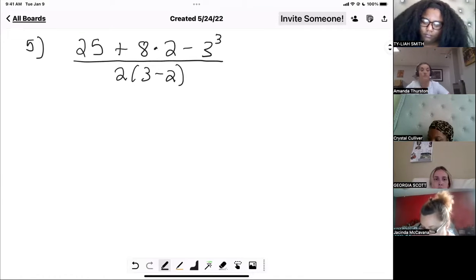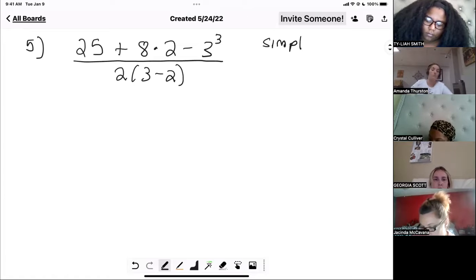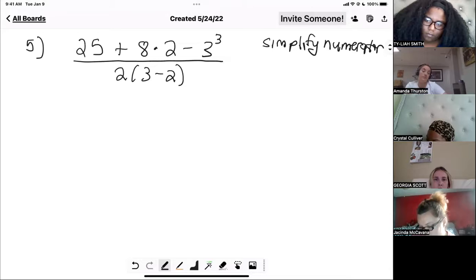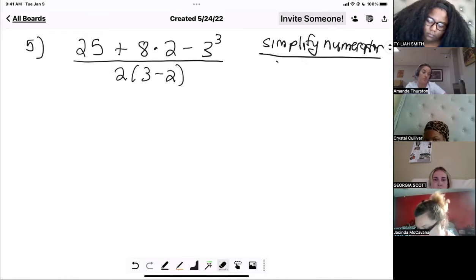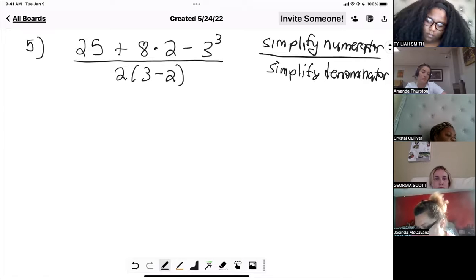So what we're going to do is simplify the numerator. And then separately, we're going to simplify the denominator. Simplify, spelled that wrong. And then we're going to put it together. So simplify the numerator, simplify the denominator, and then we're going to divide them.